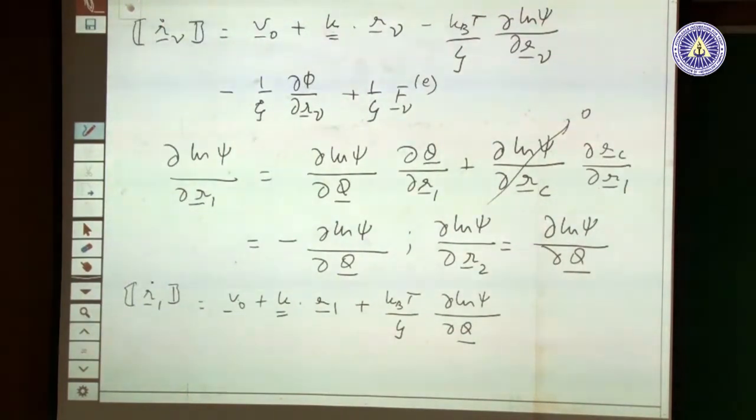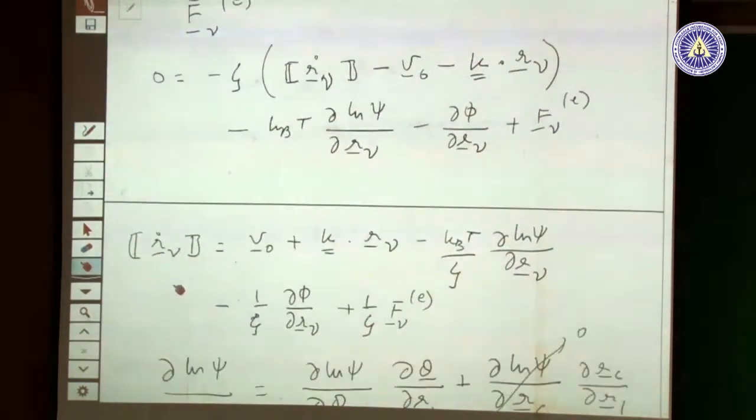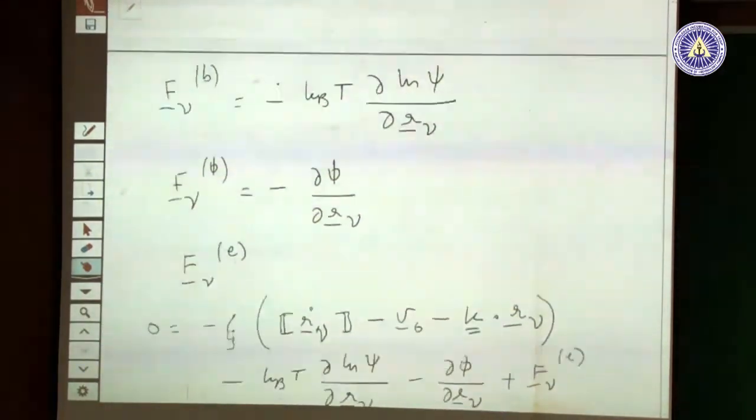And remember, del phi over del R1 was minus del phi over del Q, which was Fc. So, this is minus 1 over zeta Fc. Am I correct here? We can just look at this as plus minus F1 phi, and so it should just be minus Fc. Yeah, that is what it is. Okay. This is always a pain when we write this.